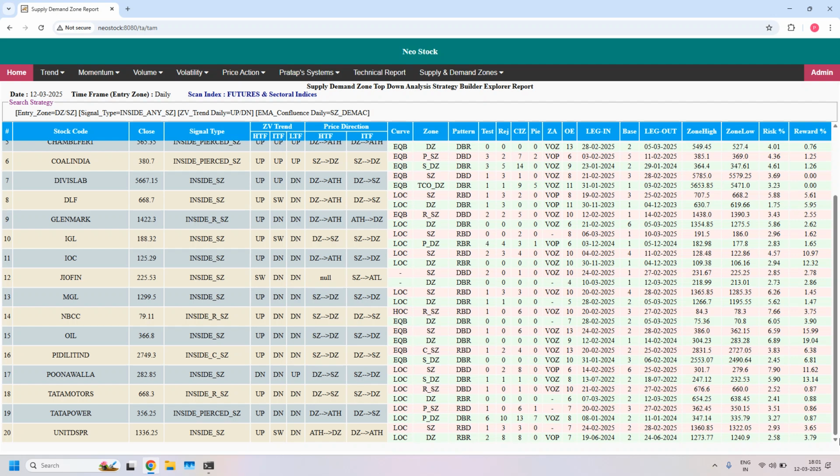So total 20 stocks are filtered out of 47. And these 20 daily supply zones are having daily EMA confluence, and also the current price closed inside the daily supply zone. Okay, this is about daily time frame.